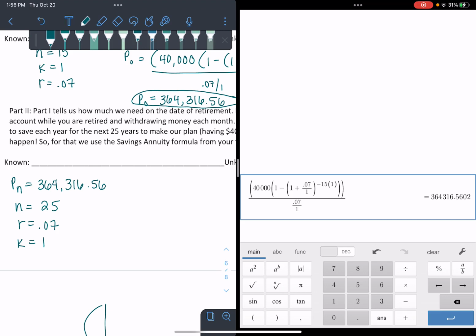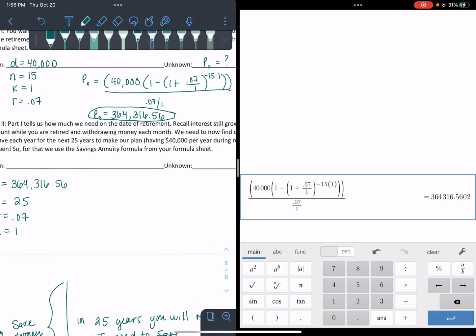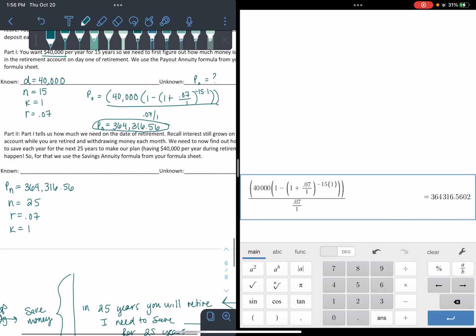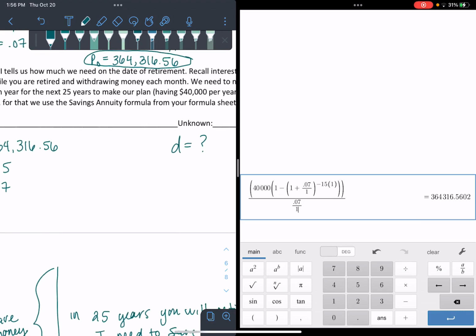So we're going to use the savings annuity formula, and P sub N is going to be 364,316.56. What is the thing that we don't know? I'm going to write it over here. The thing we don't know is D. How much do you have to save every single year?